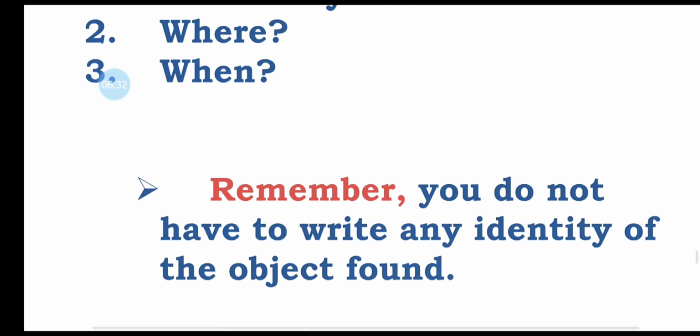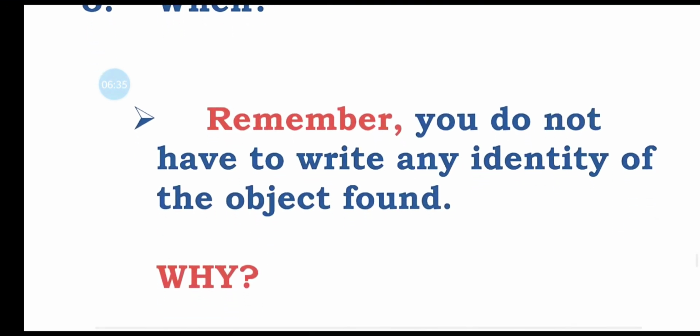Now, why is that? Why do you think we do not mention any description of the item found? If you write the identification, a lot of children, students, or persons can come and claim that object to be theirs. Why? Because if you write I found a red fast track watch and it is a digital watch with a steel strap or a plastic strap, leather strap, whatever you mention, the people reading the notice will come to know about how the watch looks, what are the known parts of the watch.